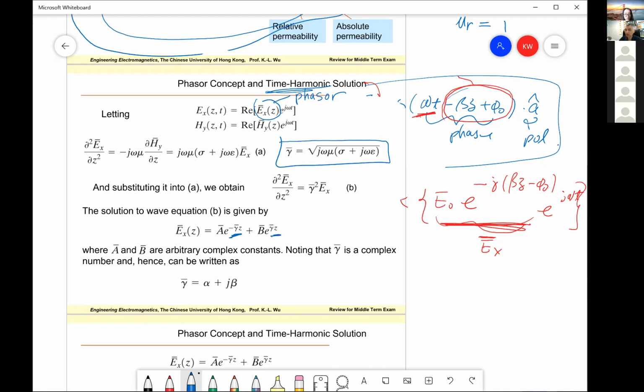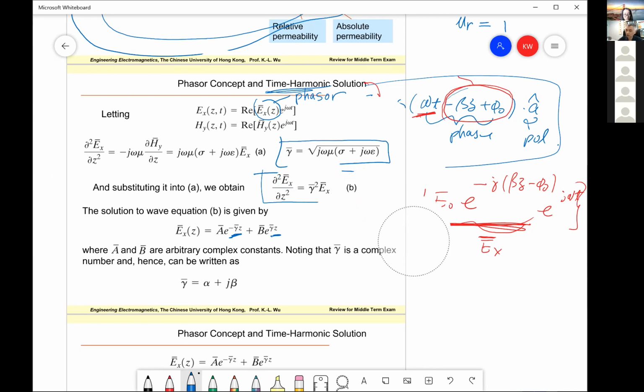This is a solution of the wave equation. I emphasize, if you can justify your equation is in this form, this quantity must follow wave properties. We had a similar question in the midterm about waves.